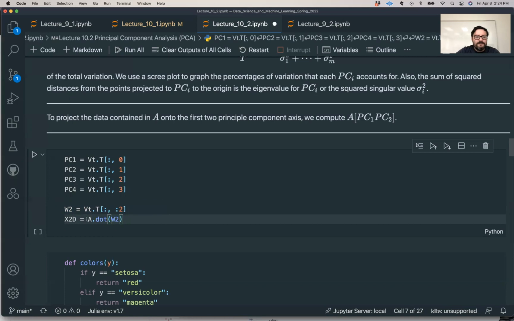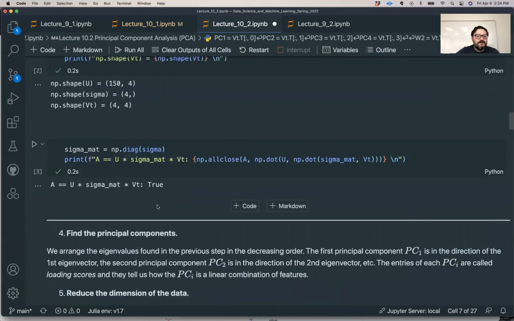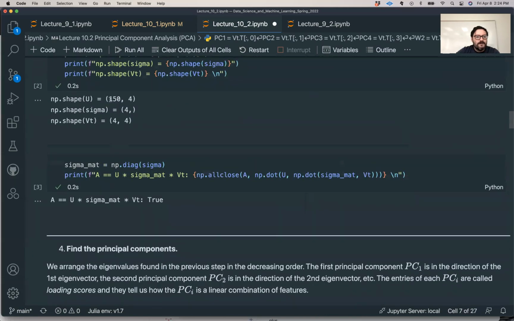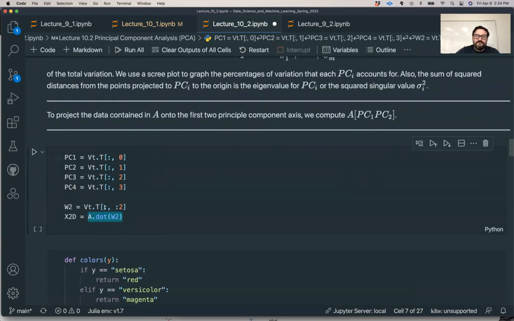matrix. And then if I multiply that with A, think about, so A, like what are the dimensions of A? A is 150 by 4, right? And so there's 4 columns. There's 4 rows here. So you understand what the dimensions of the output is going to be, right?